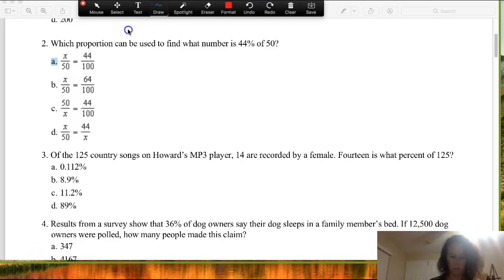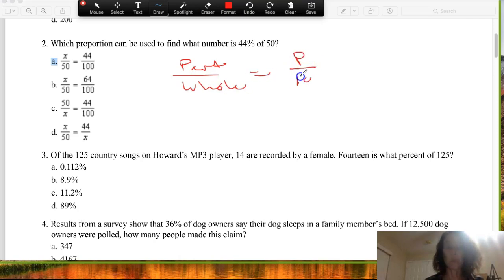It's more straightforward. Okay, number 2, which proportion can be used to find what number is 44% of 50? Remember, if you go part to whole equals percent out of 100. So if I have 44%, that's going to be 44 out of 100.